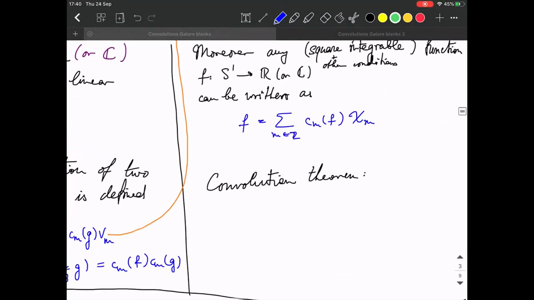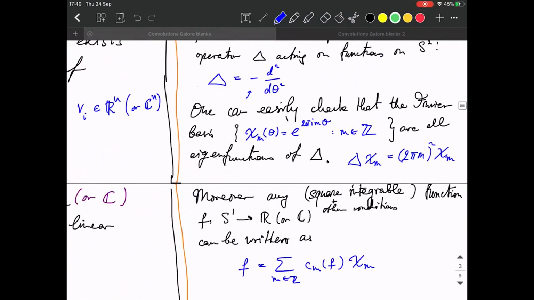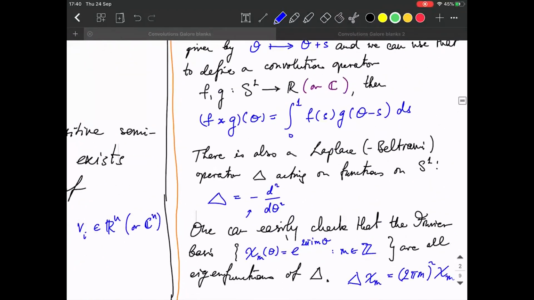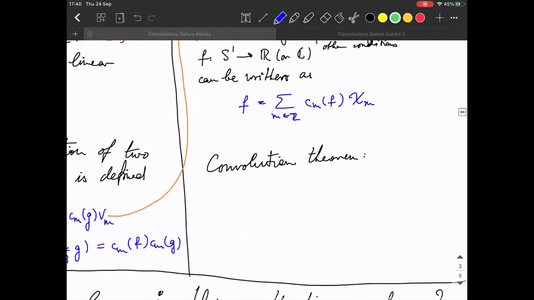And then the crux of the matter here for us is the convolution theorem, which says that, well, we already have a convolution on the circle defined by this shifting operator that exists on it. And the convolution theorem here says that if we convolve using the shift operation, then express it in terms of the Fourier basis, we end up in the situation where the Fourier coefficients just multiply.